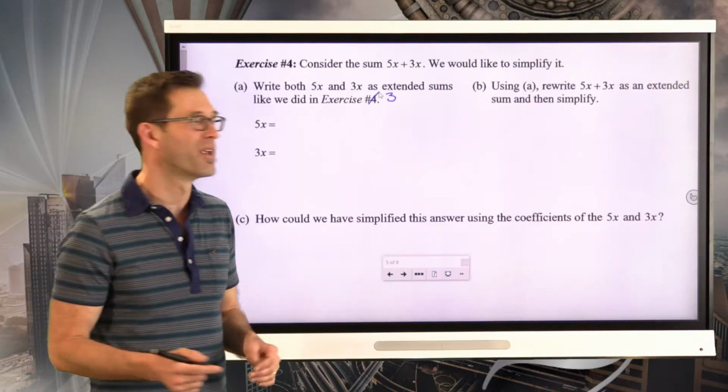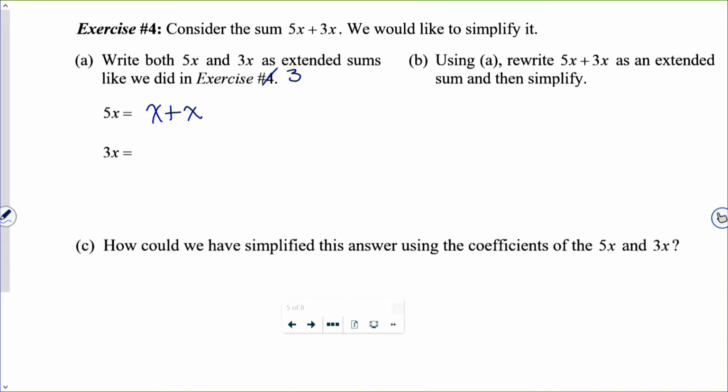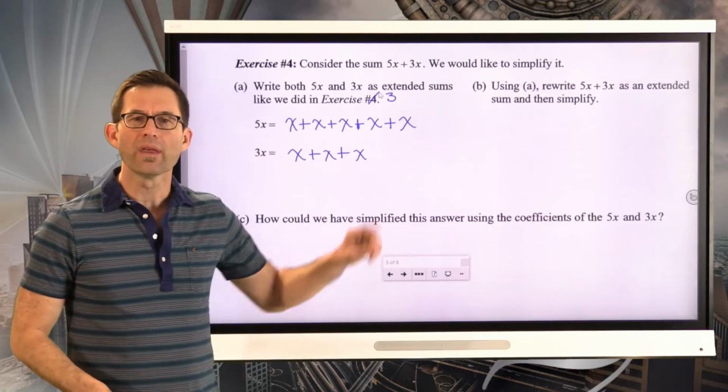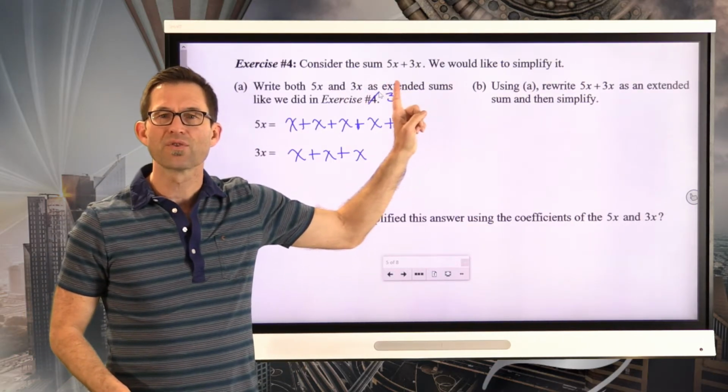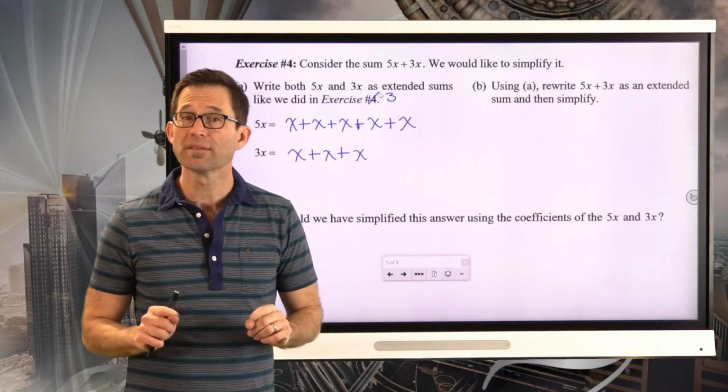All right, simple enough, right? 5x is x plus x plus x plus x plus x. And 3x is x plus x plus x. That's simple enough. But that means we can now take the sum 5x plus 3x and write it as an extended sum and simplify it.